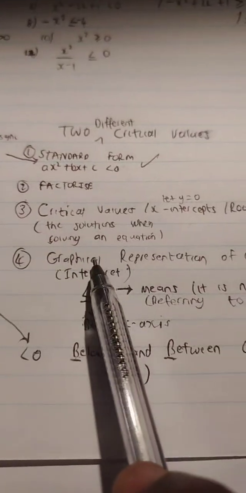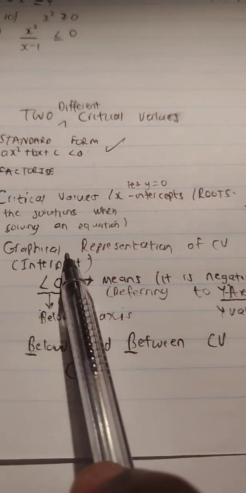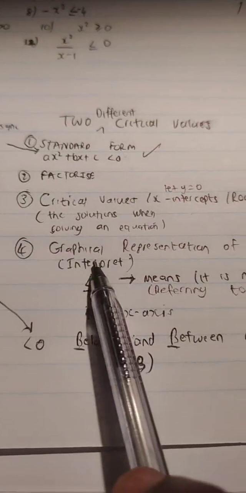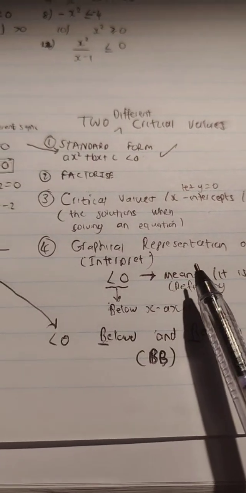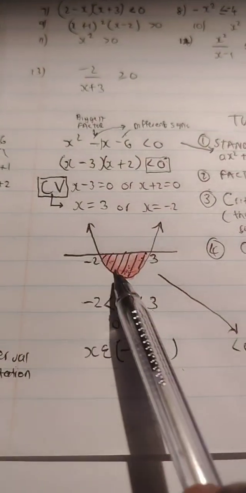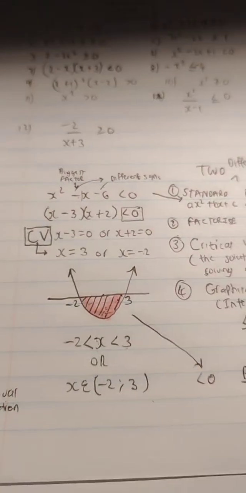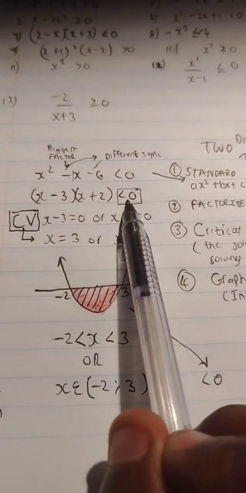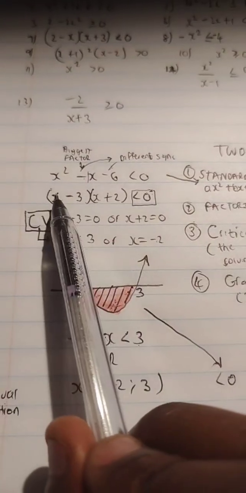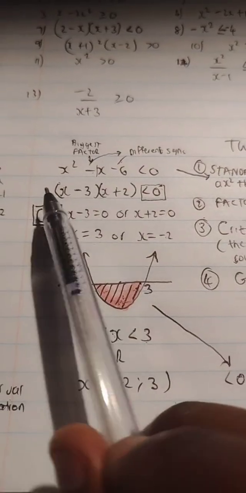Then the next step, we need to show the graphical representation of the critical values using the parabola function. So we draw a concave up graph because the coefficient of x squared is positive, and in the stage where we factorized, we ensured that our x values inside the bracket are positive.